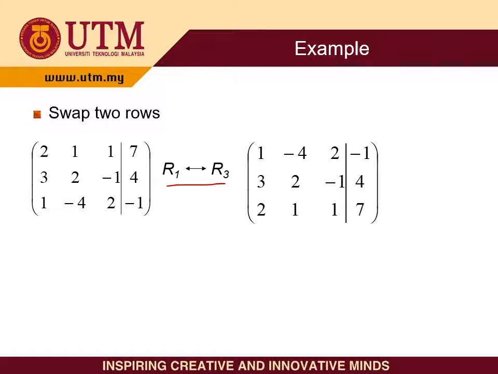This is row 1, this is row 3, and there has been a swap here, so we can see the new row 1 is actually row 3 before, and now row 3 is row 1 before.